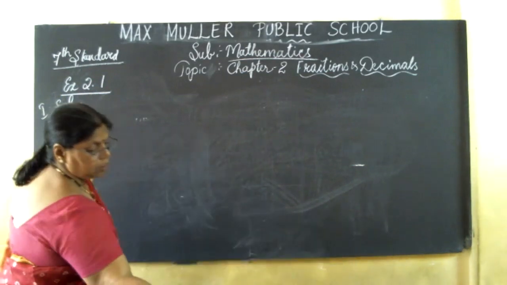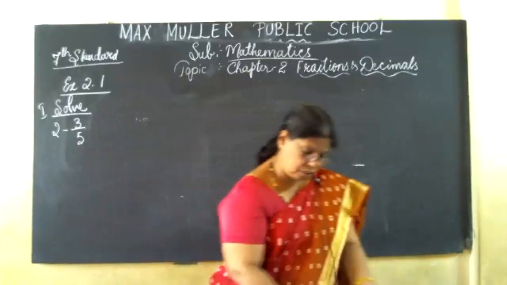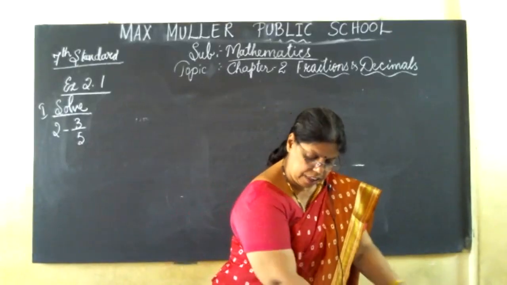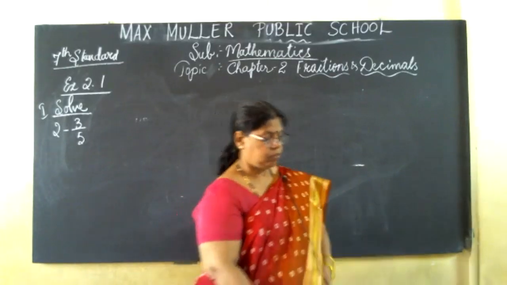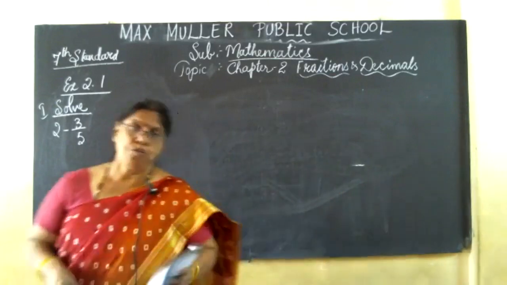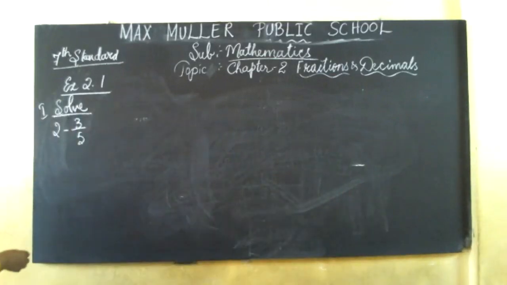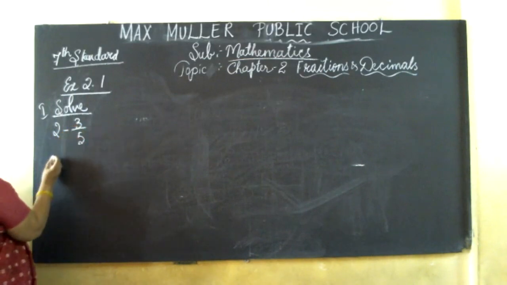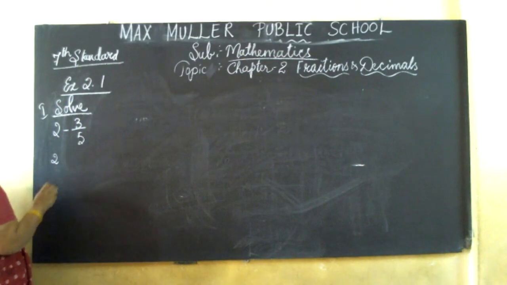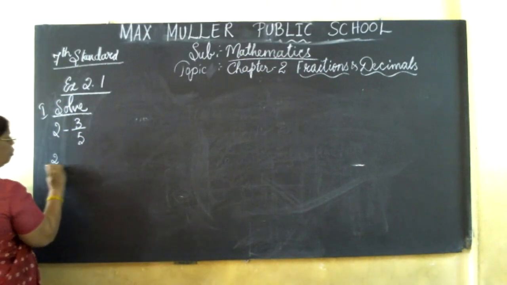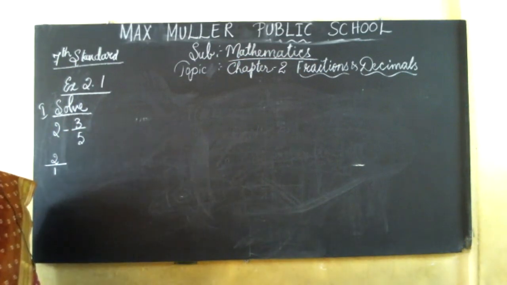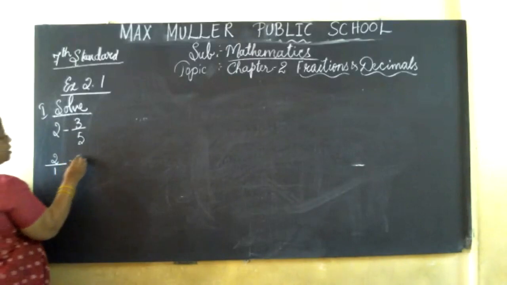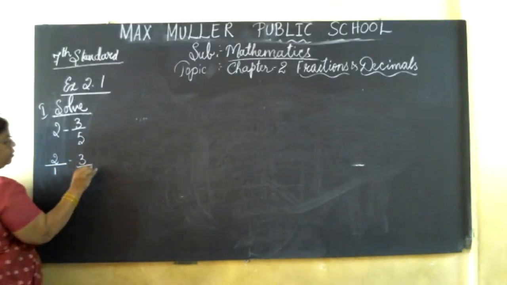First, they have given you 2 minus 3 by 5. So here you don't have the denominator, so we will change this into a fraction by giving 1 as the denominator. 2 by 1 minus 3 by 5.